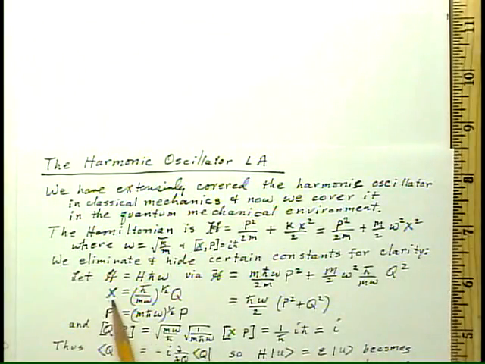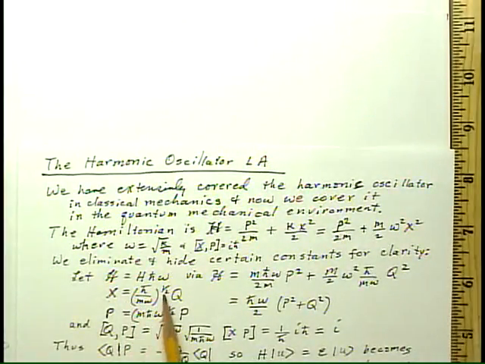We are going to define x as being equal to the square root of h bar over m omega times a capital Q, and p as the square root of m h bar omega times a capital P. With that definition, one can show that the script H now takes the form h bar omega over 2 times P squared plus Q squared, therefore giving us immediately the fact that the regular H is equal to 1/2 times P squared plus Q squared.